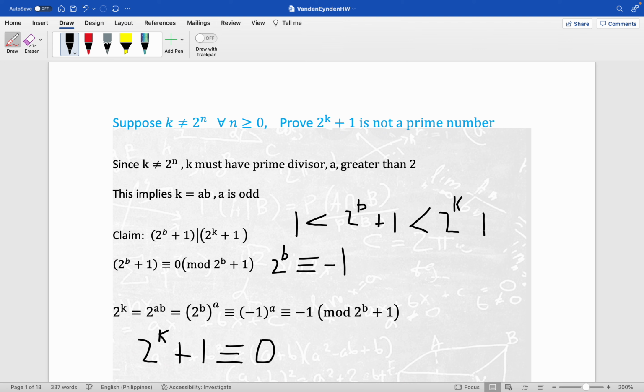Now, that means, coupled with the fact that it's a divisor, that 2 to the k plus 1 is not prime. So we've proved what we set out to prove.